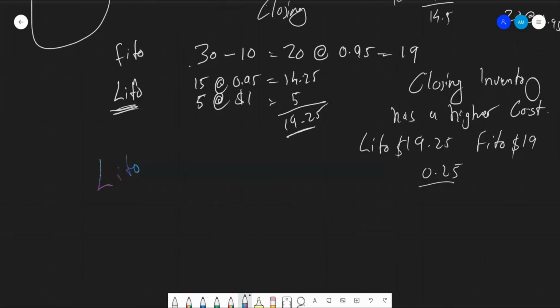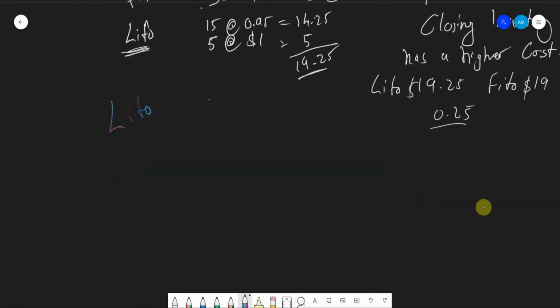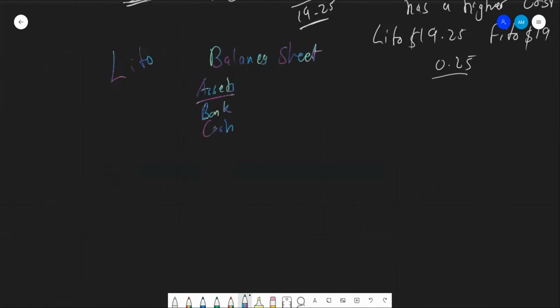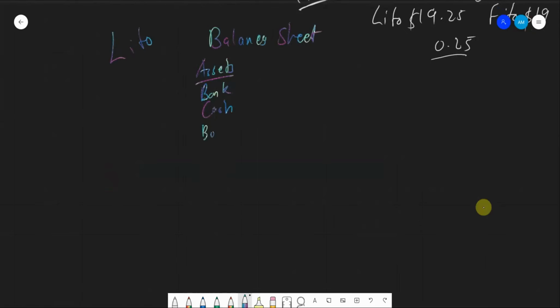So their assets increase. How do the assets increase? We all know we have something called the balance sheet, and on the balance sheet we have assets, and under assets we write bank, cash, and all the other blah blah blah, buildings.